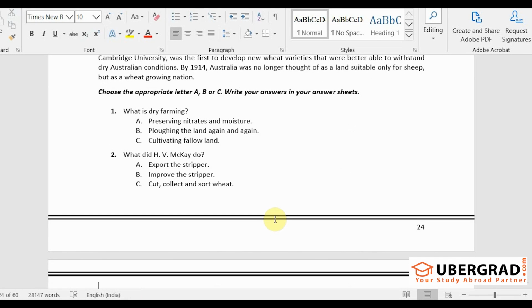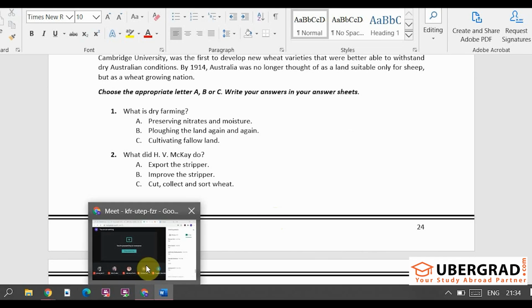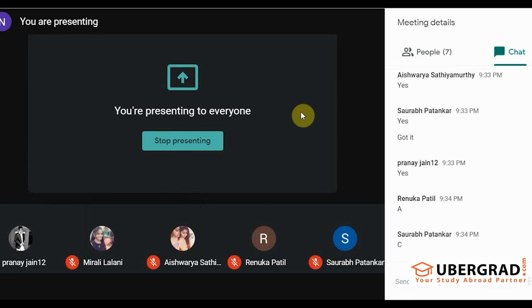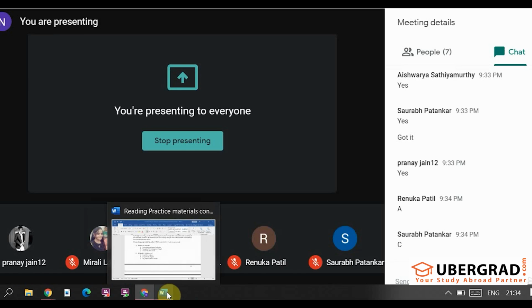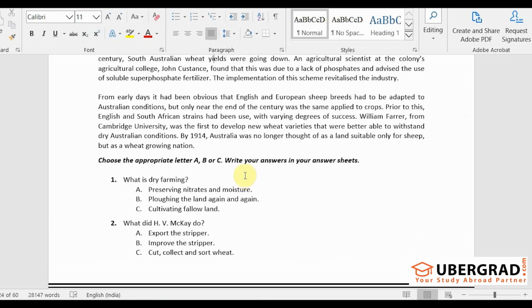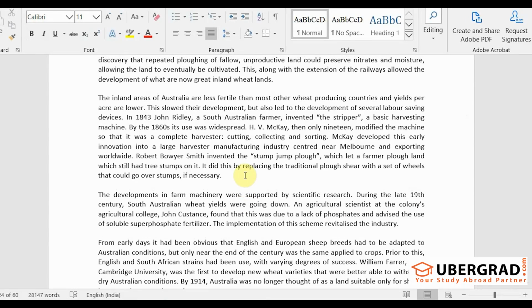So let's read it. A, C, H.V. Mackay exported the stripper. Okay.